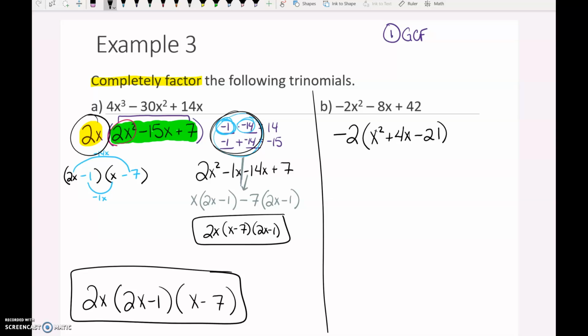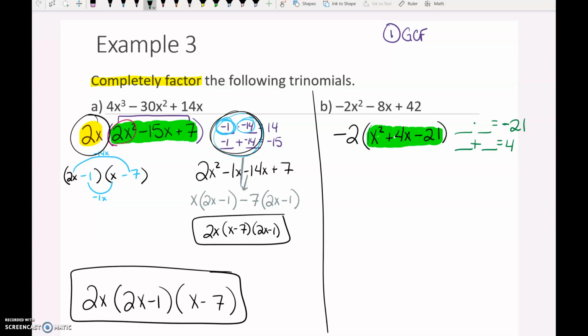This one's actually a little bit easier because there's no number in front of x squared. So when we go to factor this, because there isn't a number in front, we don't have to worry about multiplying. If we multiply this 1 times the negative 21, it doesn't change it. It's still negative 21. So we're looking for two numbers that multiply to give us negative 21 and add up to 4.